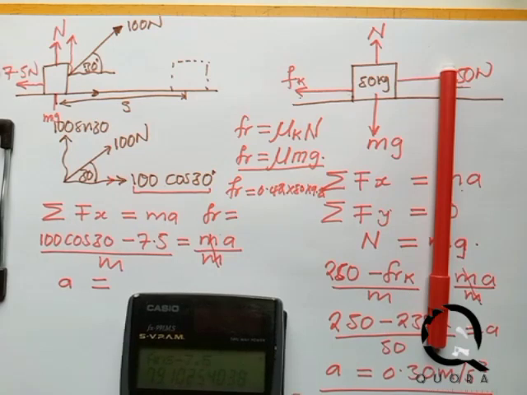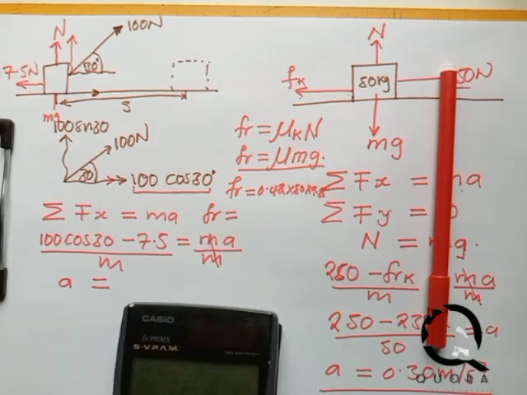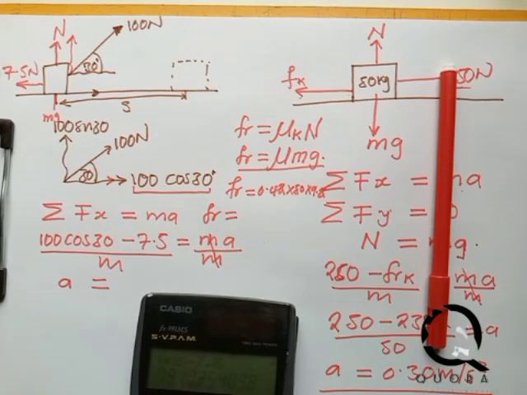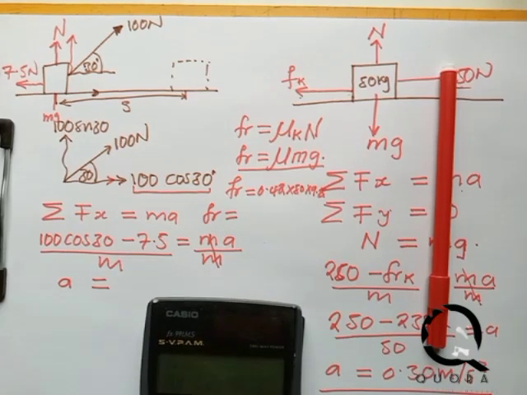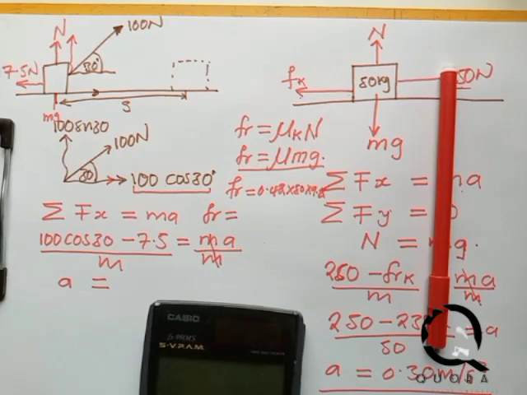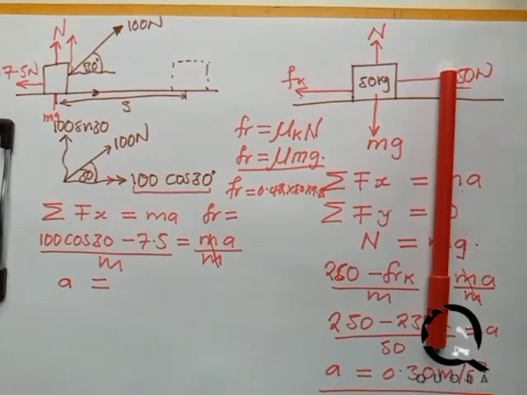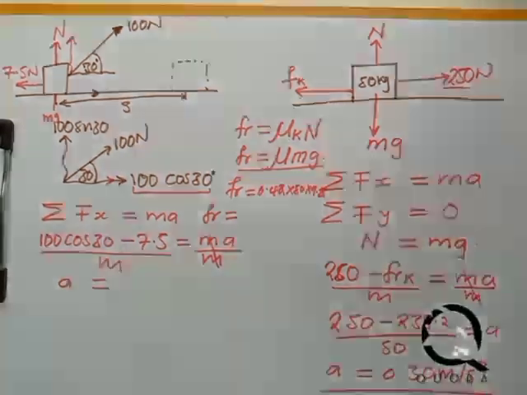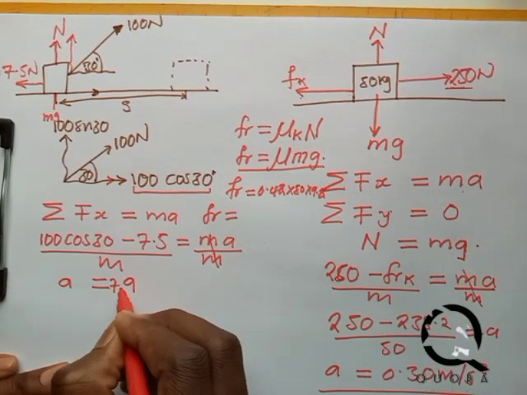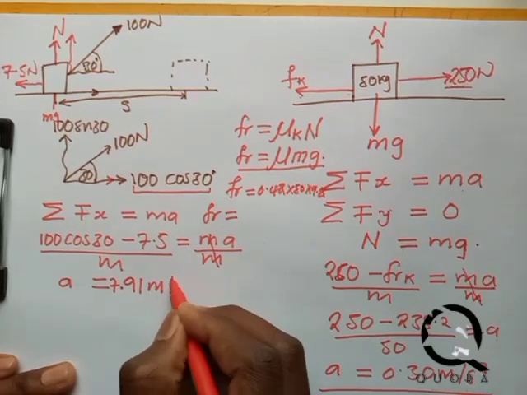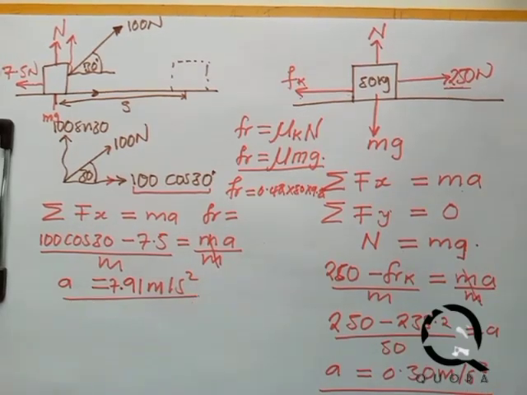We are getting that. If we divide this answer by the mass of the box, which is 10 kg, we are getting 7.91 as our acceleration. So we are going to have an acceleration of 7.91 meters per second squared.